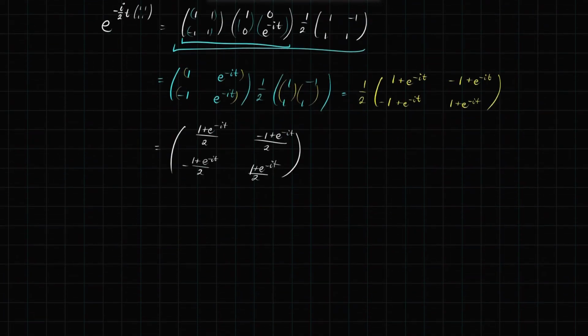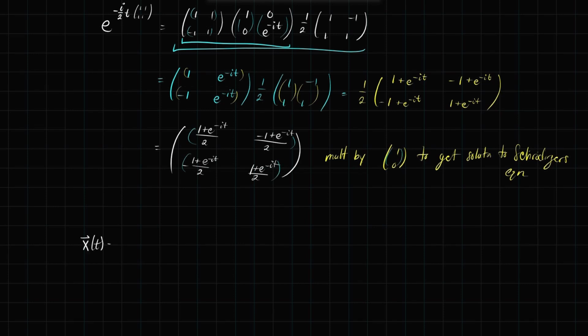our initial vector. Multiply by 1, 0 to get the solution to Schrodinger's equation. So when I multiply this by 1, 0, I'm just doing all rows against the columns, and I end up with my vector x evolving over time as the vector 1 minus e to the minus it over 2, and negative 1 plus e to the minus it over 2.